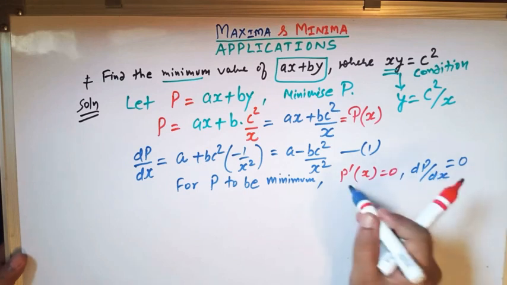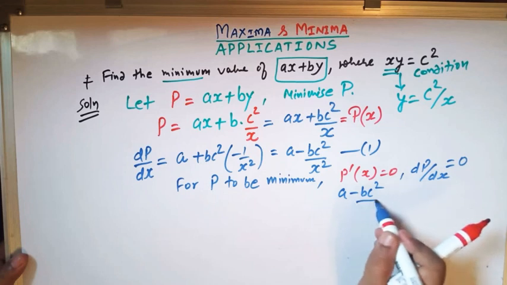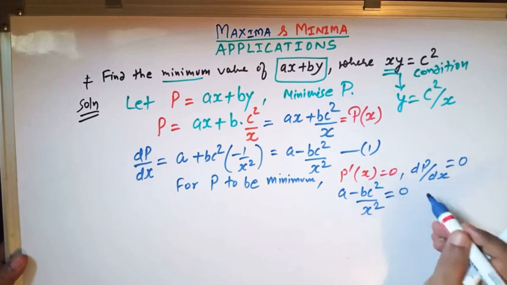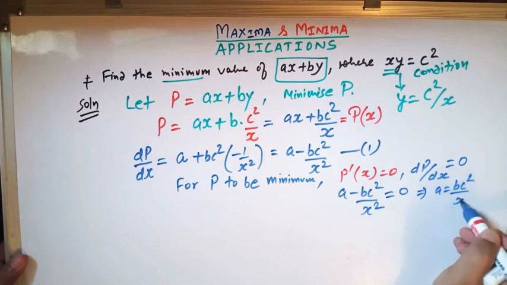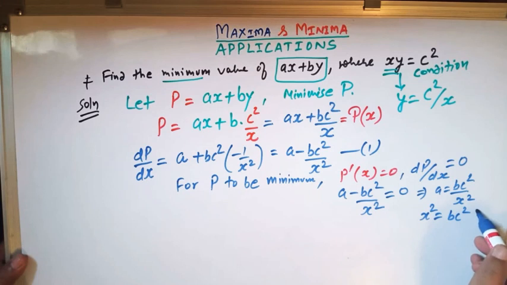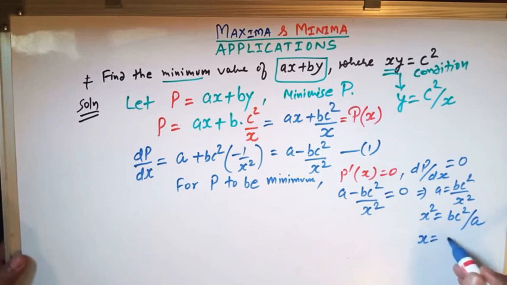These two are the same thing. So here we have a minus bc square over x square must be equal to 0. So from here we have a is equal to bc square over x square. So x square is bc square over a. Clear? And x can be written as square root of bc square over a.